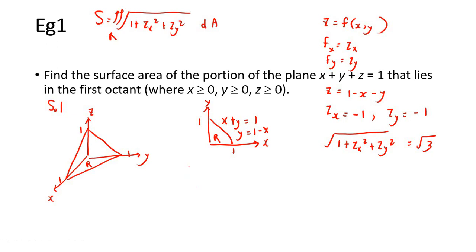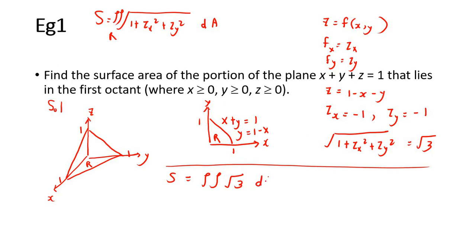So the surface area in this case, the square root of 1 + zx squared + zy squared, we get the square root of 3.